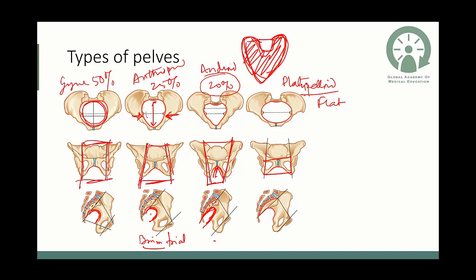These are deep pelvis. This is a shallow pelvis. So this is the rarest and seen in less than 5% of the cases. And this has a mechanism of labor which is known as asynclitism.